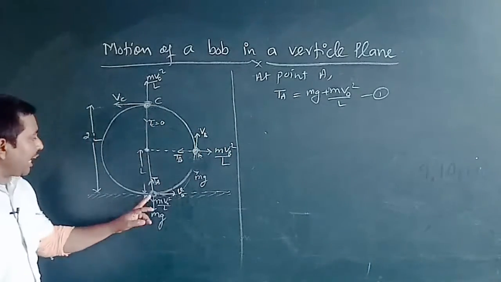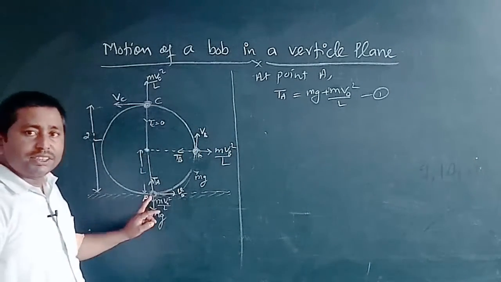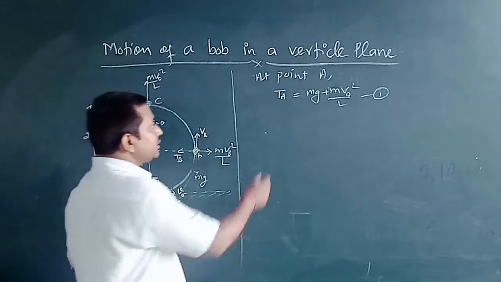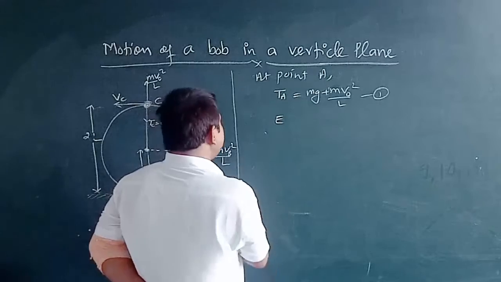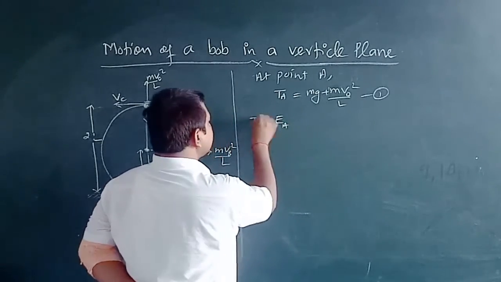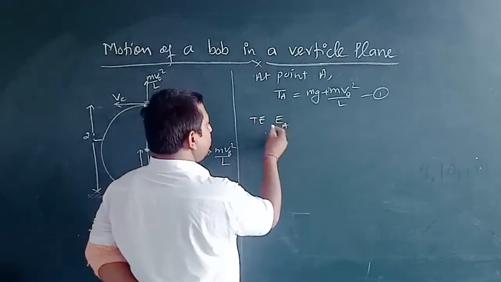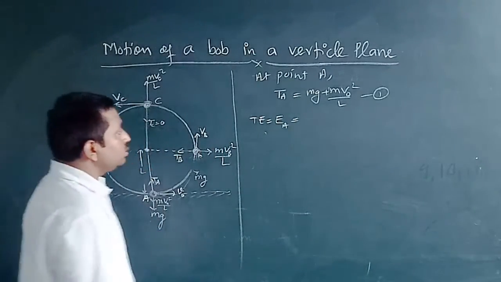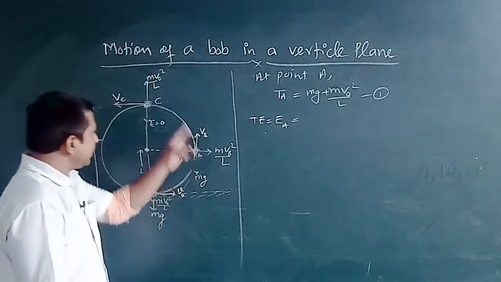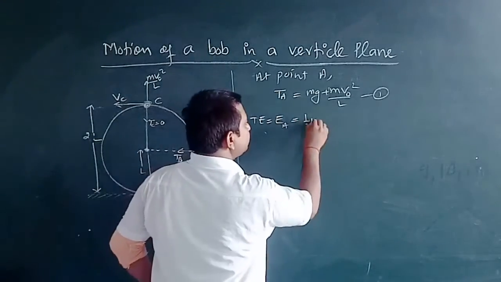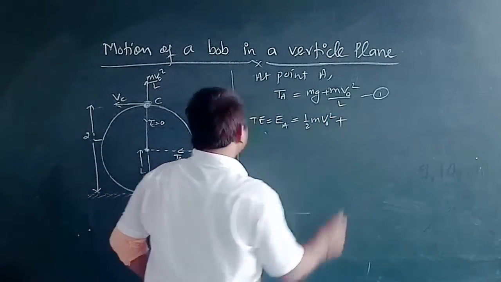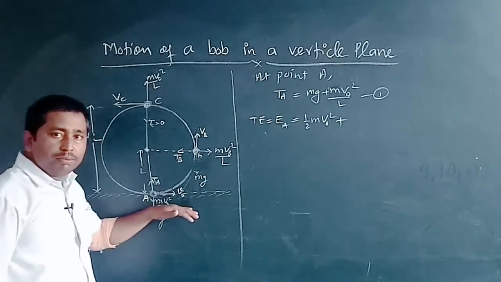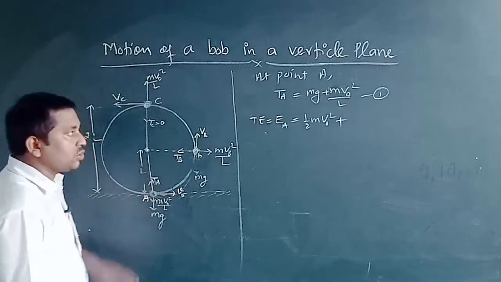If we apply conservation of energy at this point, the total energy of the bob at point A, that is EA, is equal to the kinetic energy, half of mv naught square, plus the potential energy, which is equal to 0, because this bob is placed at the surface of the earth.